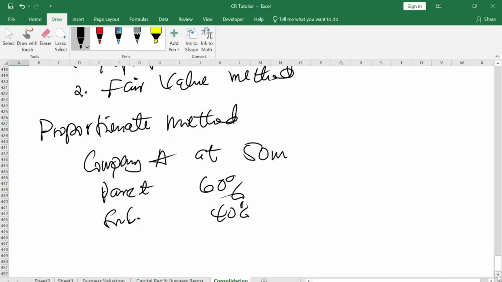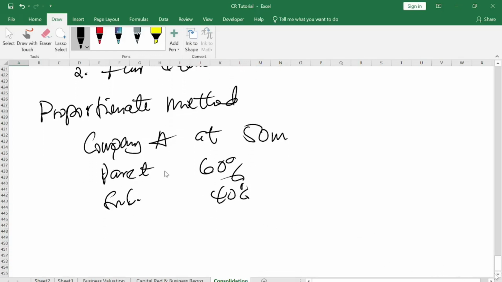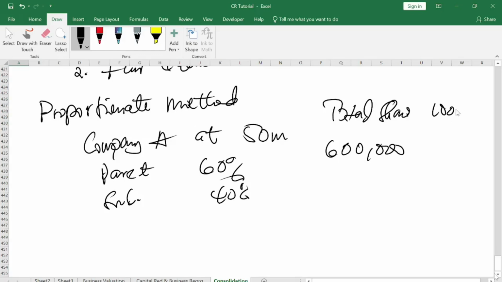Maybe the shares the parent acquired are 600,000, and the total shares are 1 million. So the parent acquired 600,000, and we are left with 400,000 for the subsidiary. Is that not the case?